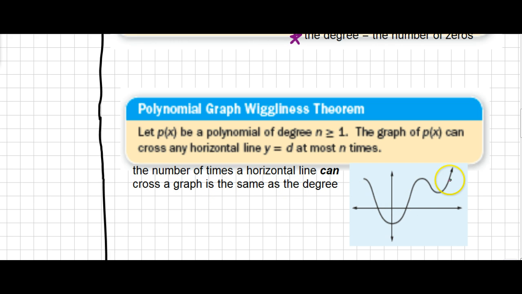So if we take this particular example, if I were to draw a horizontal line down here, it would only cross the graph twice. But if I drew my horizontal line further up, it would cross the graph 1, 2, 3, 4 times. So this would probably be a degree 4 polynomial. So the horizontal line crosses through how many times it wiggles, and that tells you the degree.